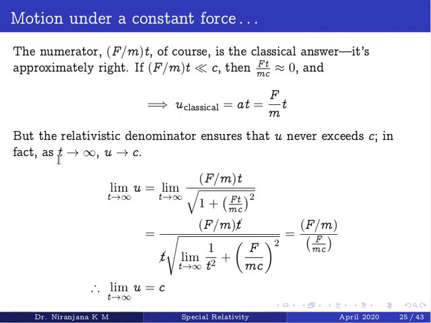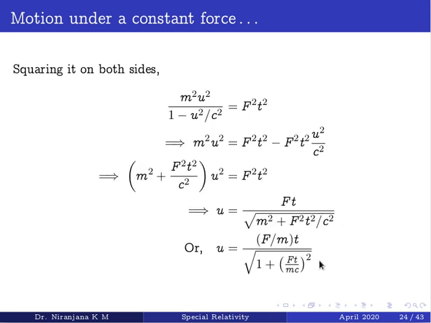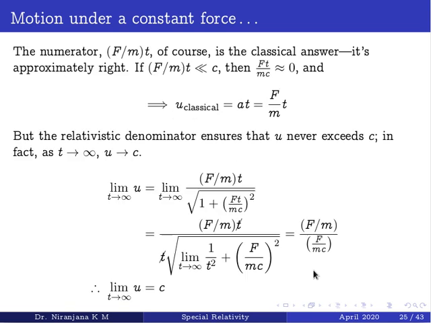You can see here, you put the limit t tends to infinity in the expression of the relativistic velocity equation. So now we will do that. Take the limit t tends to infinity for this expression, and take t common from both numerator and denominator. Since you are taking t common out of a square root, it has to be t square there, and then t cancels, and the limit applies only to 1 by t square.